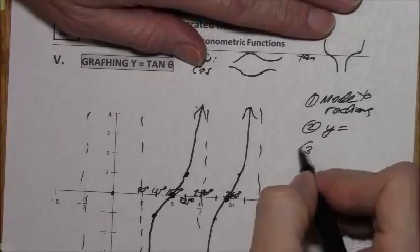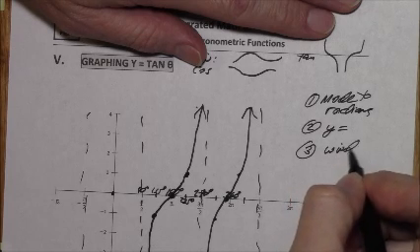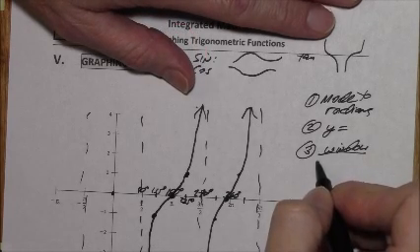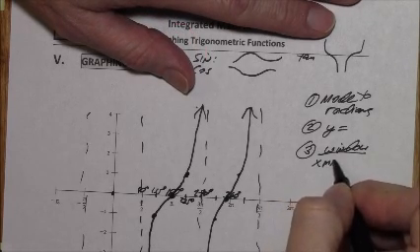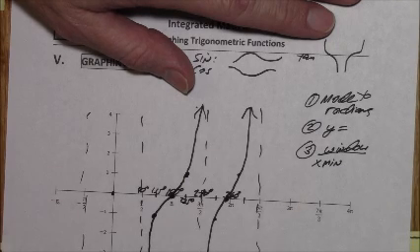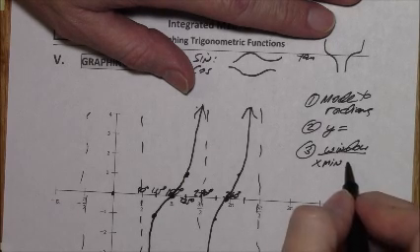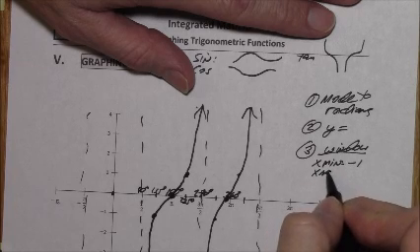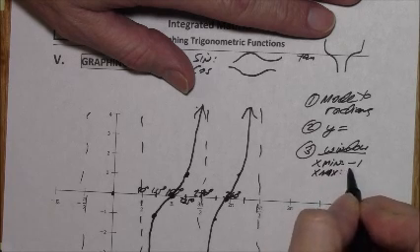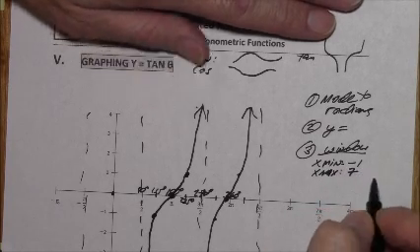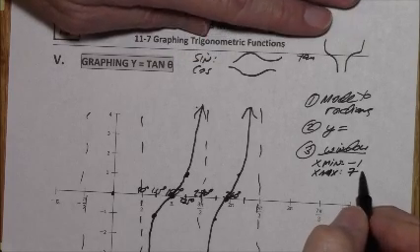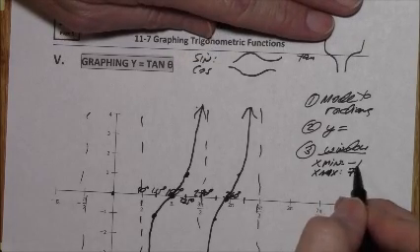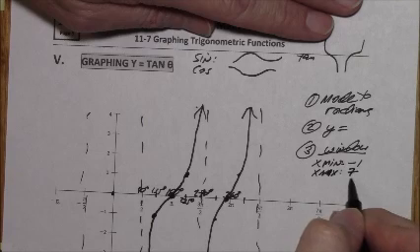And then 3, you change the window, or make sure the window is set. So that x minimum is a negative 1. X maximum should be 7. So that gives you from 0 to 6.28 or 0 to 2 pi. You have a little bit on both sides.